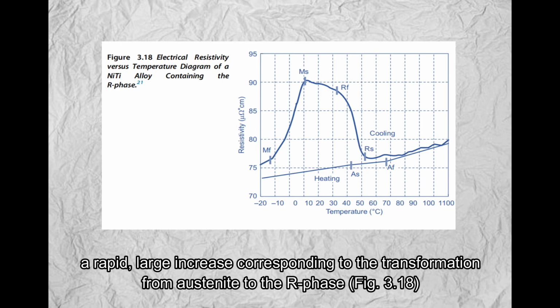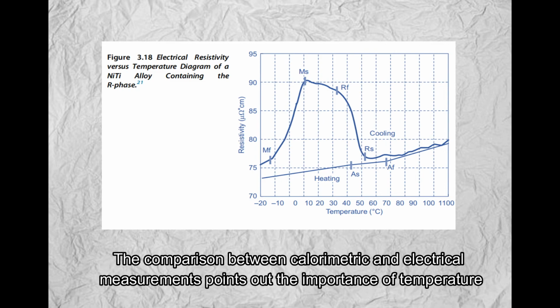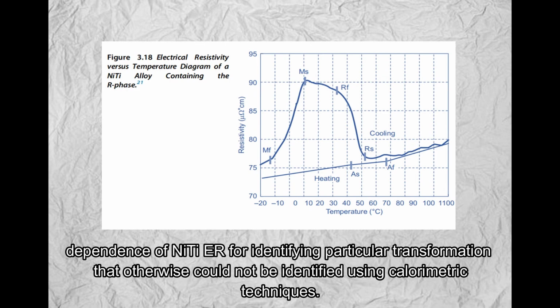A rapid large increase corresponds to the transformation from austenite to the R phase, based on figure 3.18. The comparison between calorimetry and electrical measurements points out the importance of the temperature dependence of latent ER for identifying particular transformations that otherwise could not be identified using the calorimetry technique.